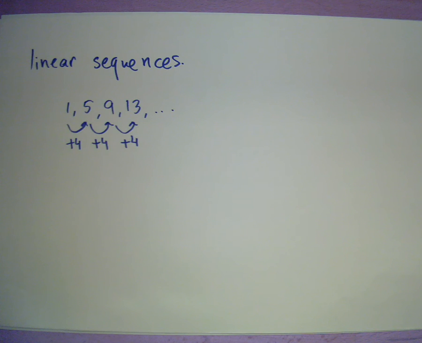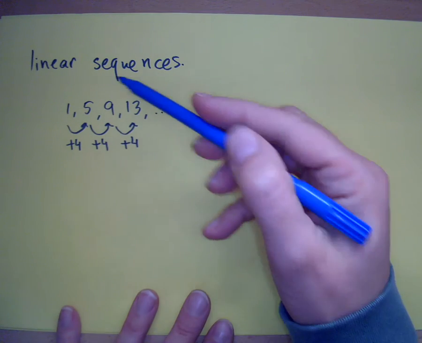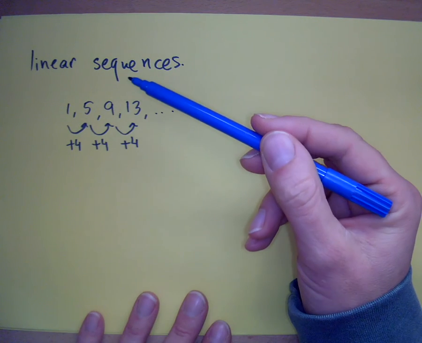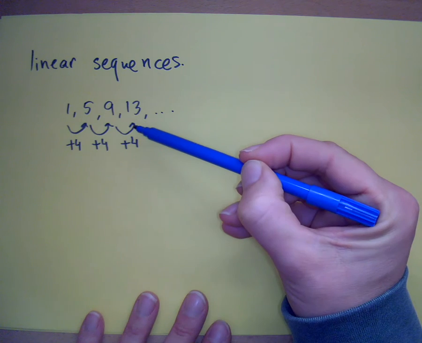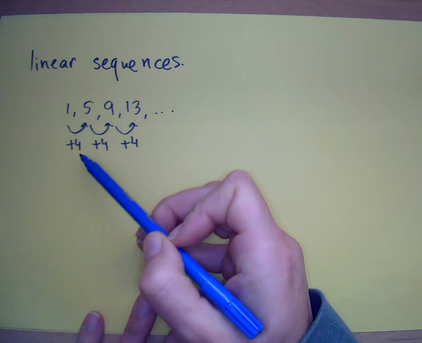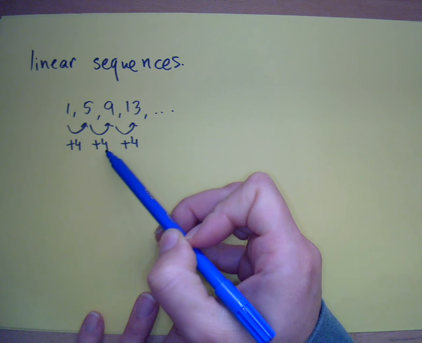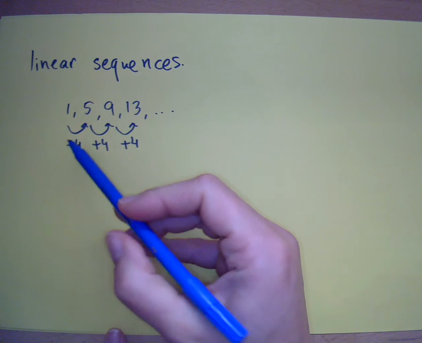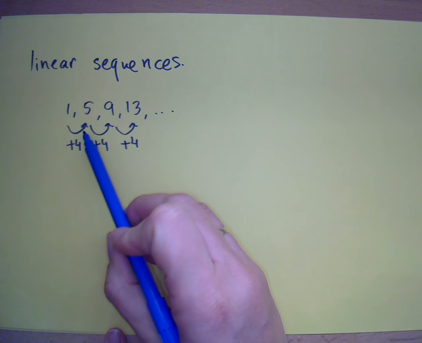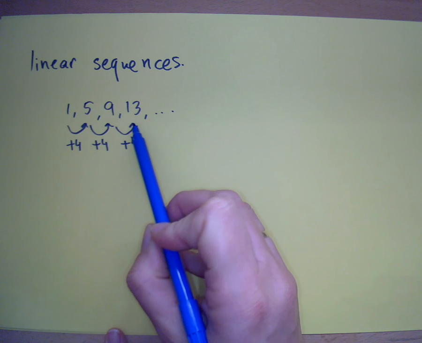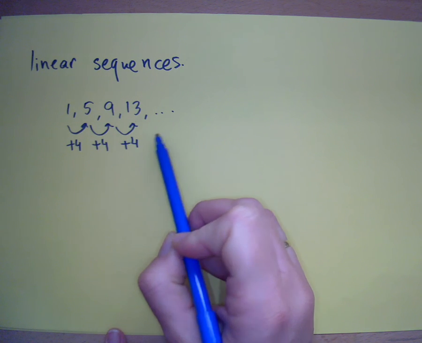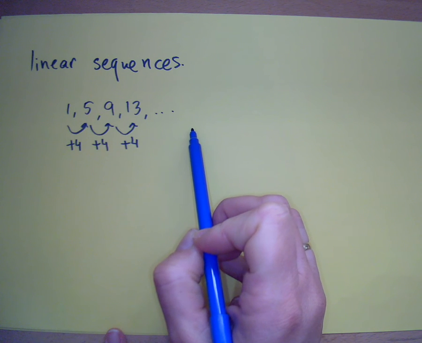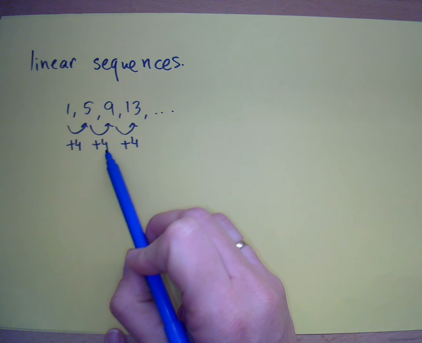Now to find the algebraic expression that describes this sequence, we're going to use this 4. If a question in the book would be, describe this sequence with an algebraic expression, we know that the higher the term, the further along, the more we've added 4.